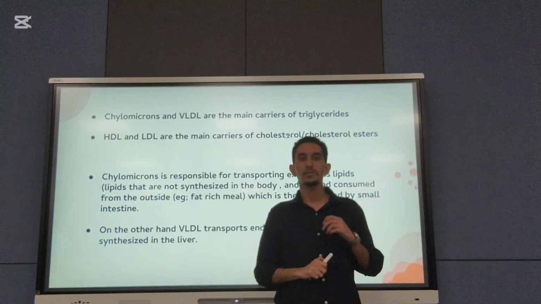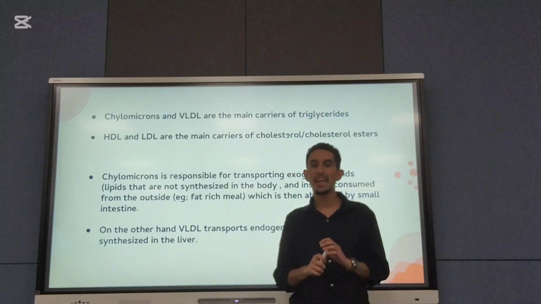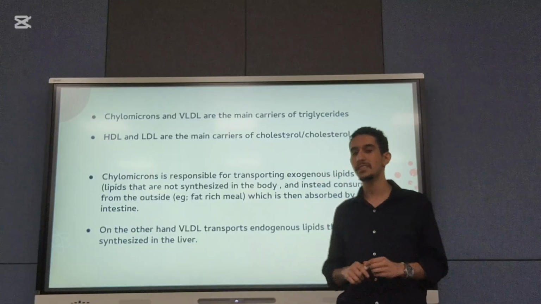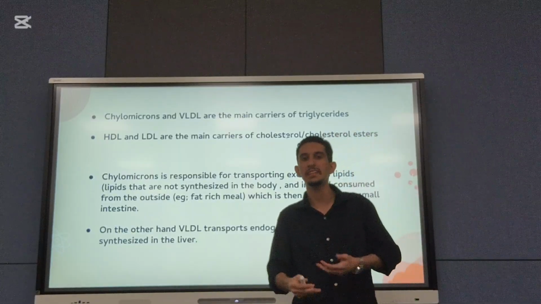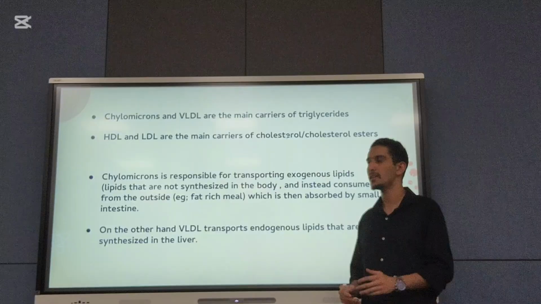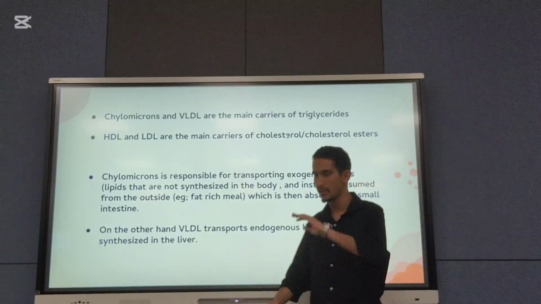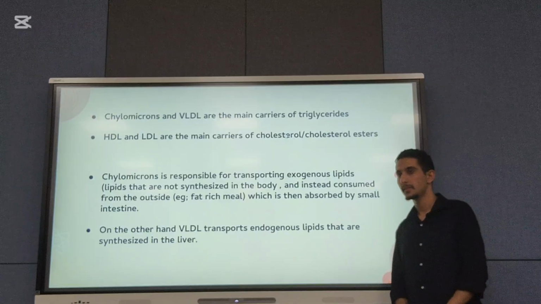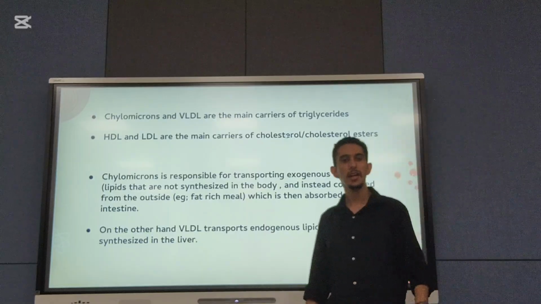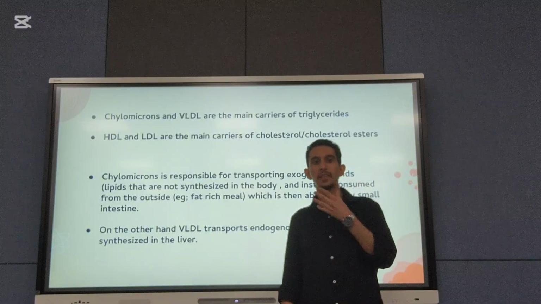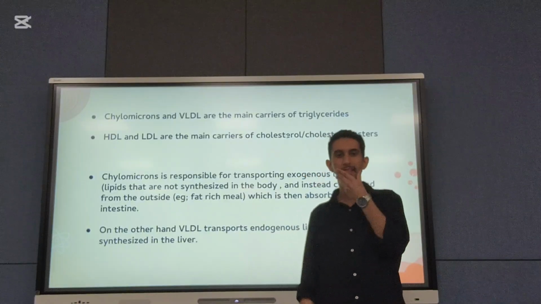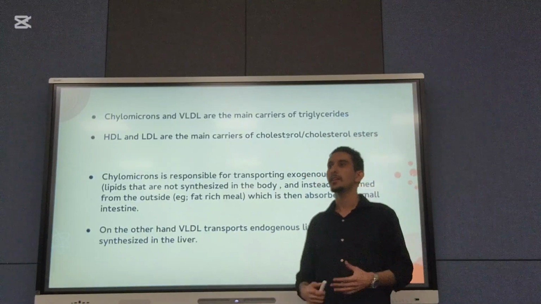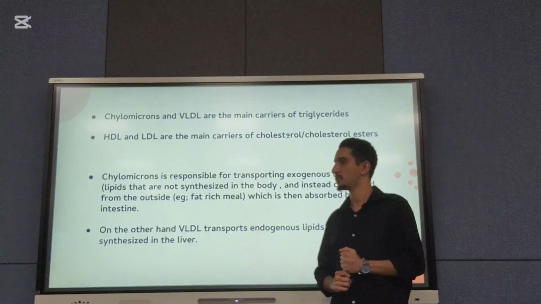So endogenous is any lipid produced by the liver, synthesized by the liver without eating something. It's by itself. The liver synthesizes. On the other hand, exogenous is anything you eat, any fat, meal, lipid.